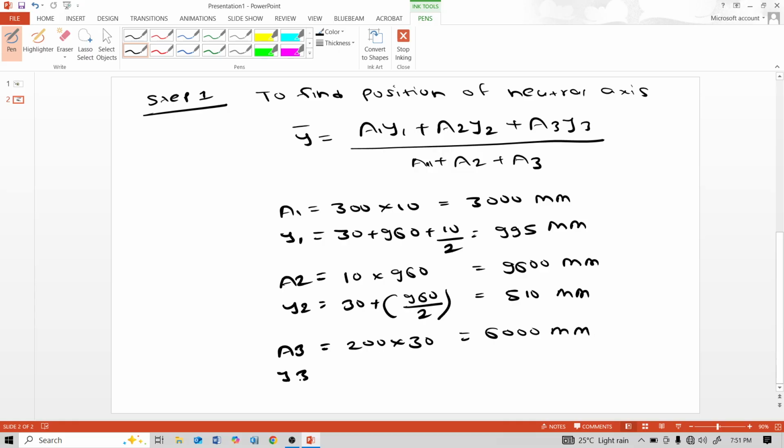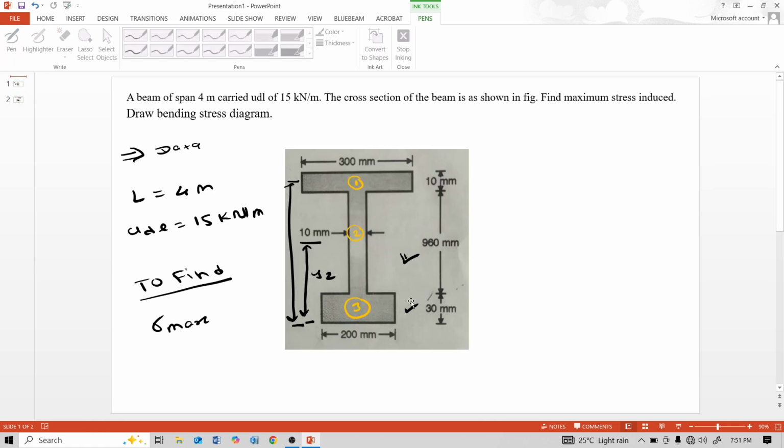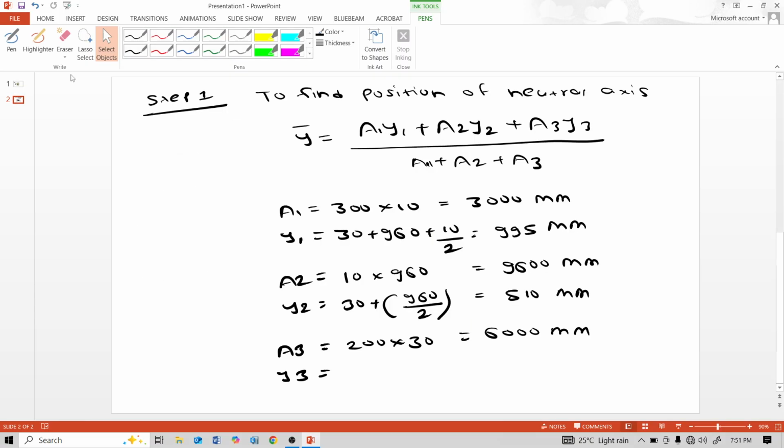And y3 is mid distance of this bottom flange from bottom fiber. Thickness of this bottom flange is 30 and from bottom to mid distance is 30 by 2, that means 15 mm.